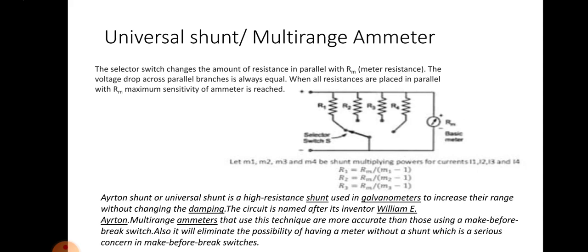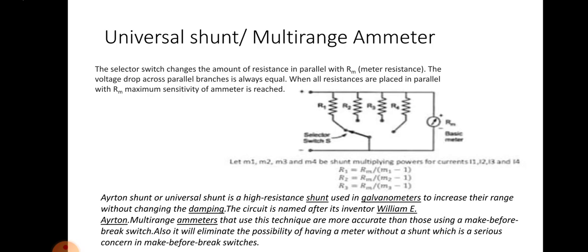So from the above circuit we can write the formula for these shunt resistances. For resistance R1, we can write Rm upon M1 minus 1, where M1 is the shunt multiplying power. So Rm upon the shunt multiplying power factor minus 1 will give R1. Okay, so this is the basic circuit for universal shunt and the formulas for the shunt resistance.